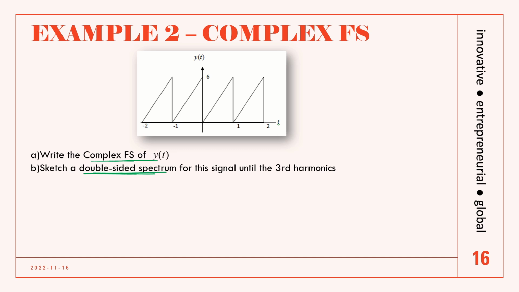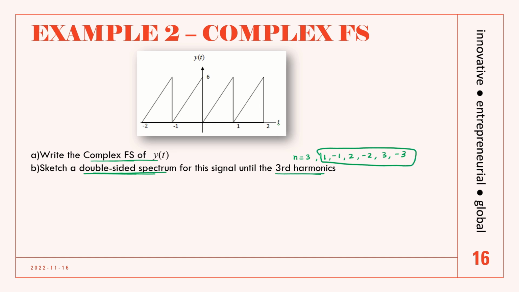All right. And then what they ask is that you draw that particular signal until the third harmonic. So your n is equal to 3. So you need to consider 1, -1, 2, -2, 3, -3. Right? So these are the values that you need to consider.